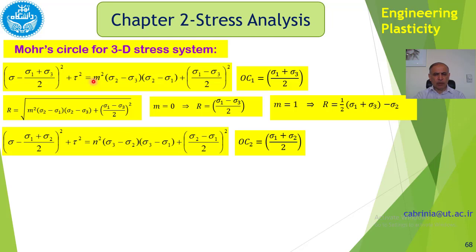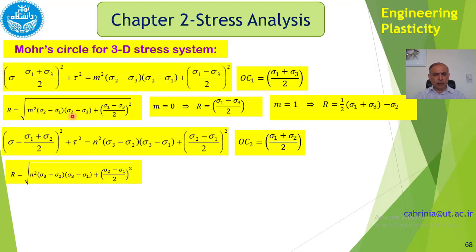So we multiply the denominator by the n squared and put it equal to the numerator. The center is OC2, and the radius is that one.